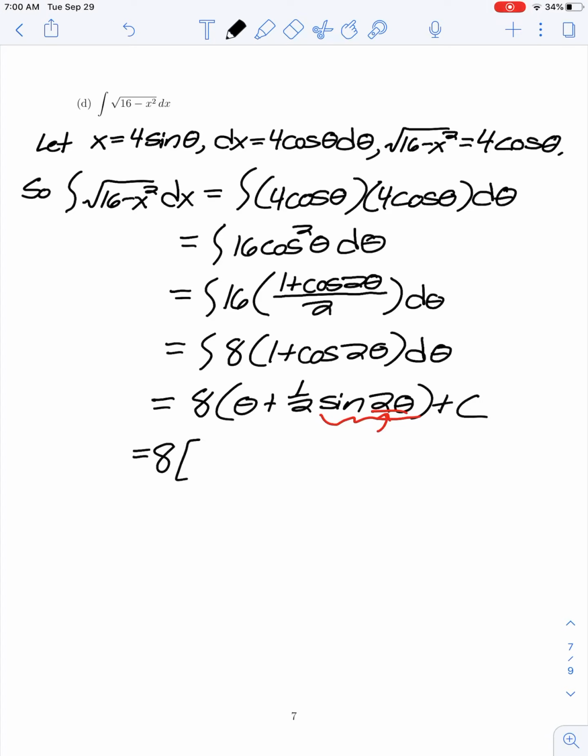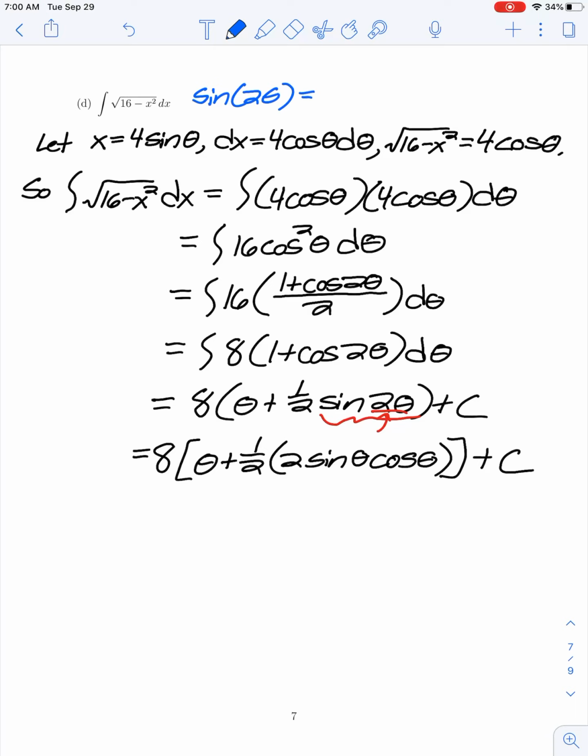which says that sine of 2 theta is equal to 2 times sine theta cosine theta. So a little note at the top here, I'm using the fact that sine of 2 times theta is equal to 2 sine theta cosine theta.